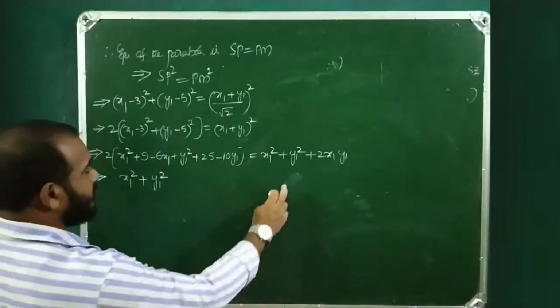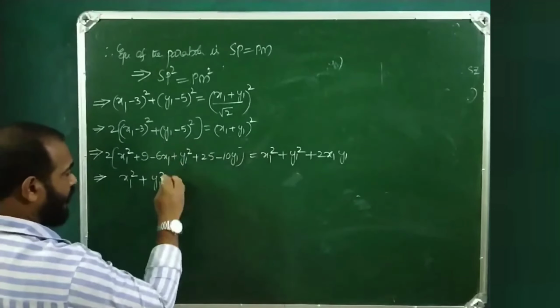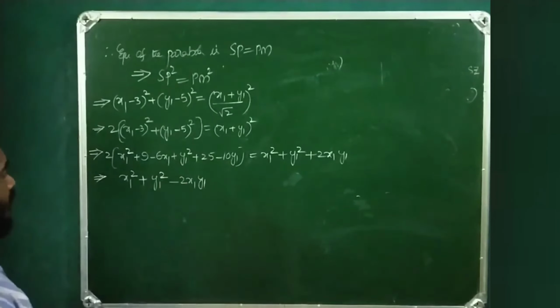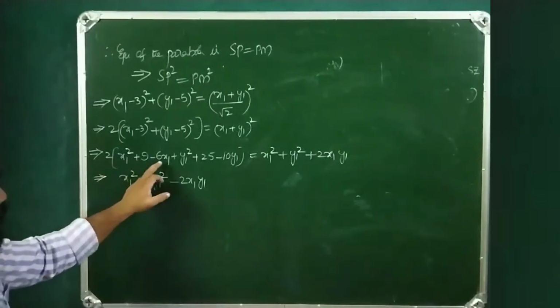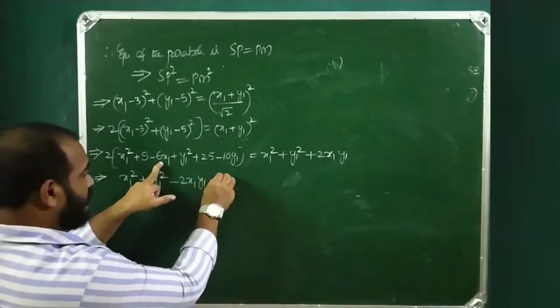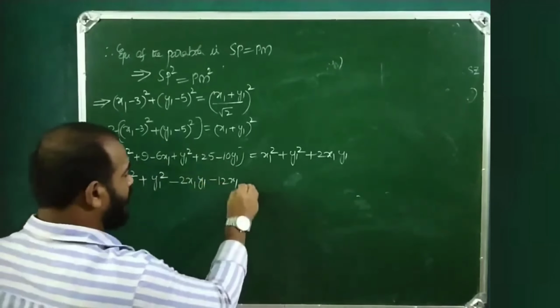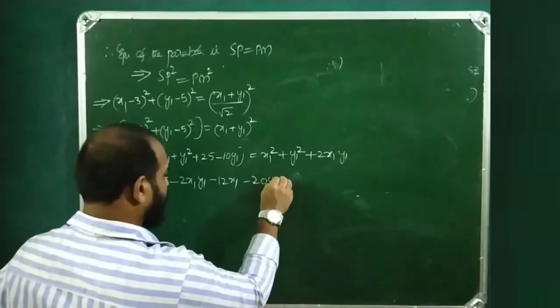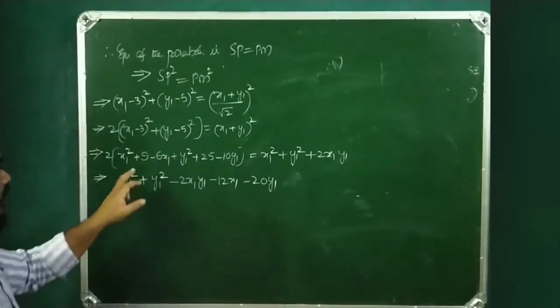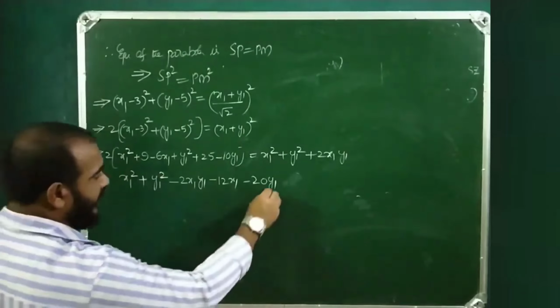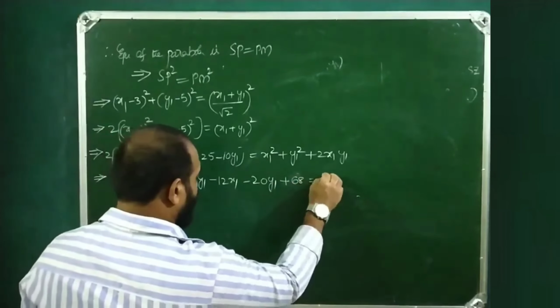Next, the 2x1y1 transposed becomes minus 2x1y1. Next, minus 2 sixes is minus 12x1. Minus 2 into 10y1 is minus 20y1. Next, 9 plus 25 is 34, 2 times 34 is 68, equals 0.